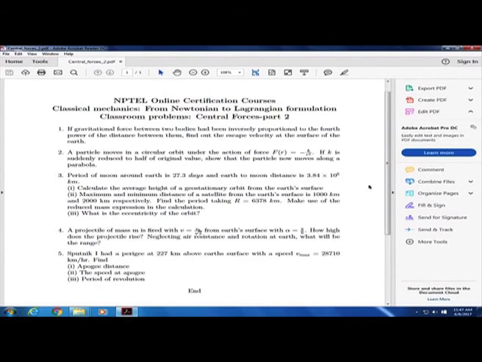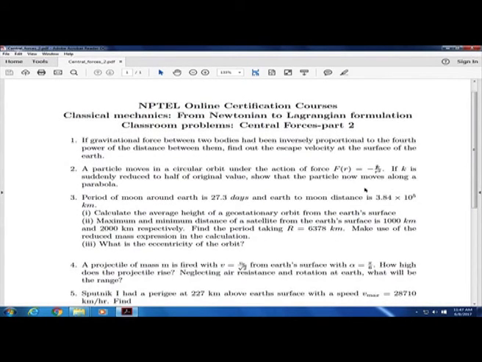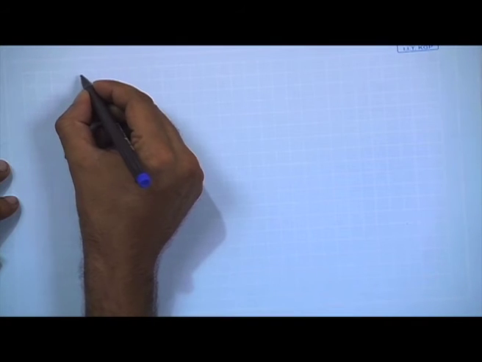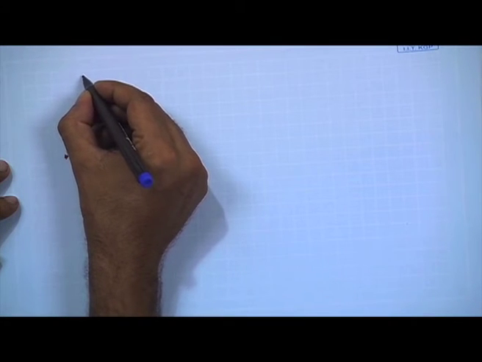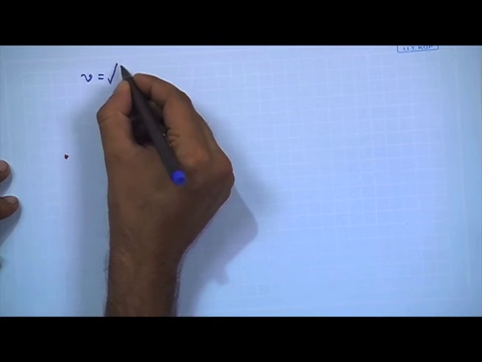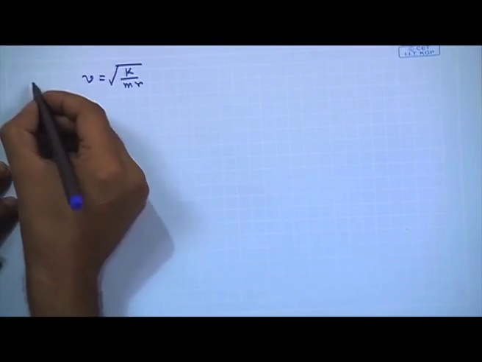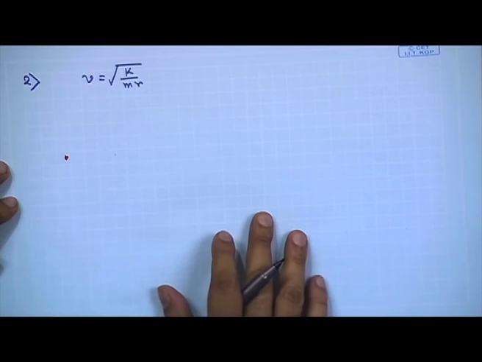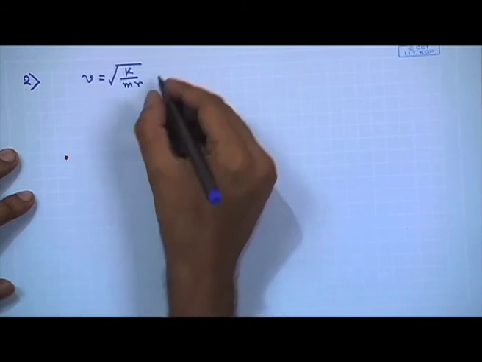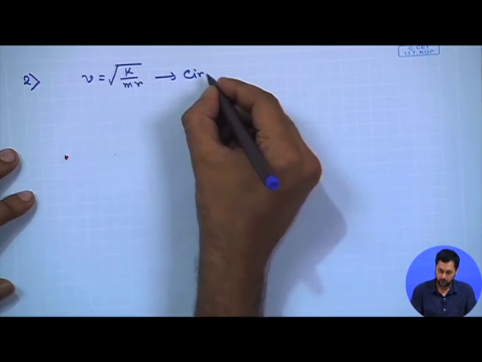I can tell you that we do not need to calculate the equation of the path. Instead, we recall that for circular orbit v is equal to root over k by m r. Okay, so, we are doing problem number 2 here, that is for a circular orbit.